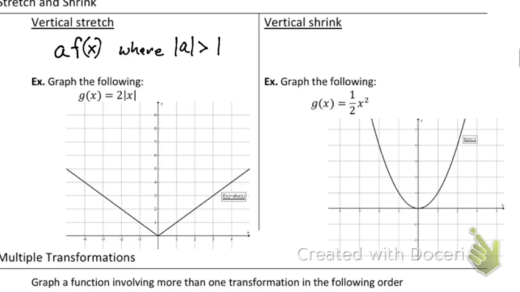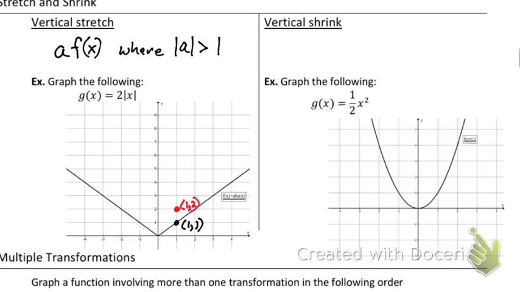So if we look at this point, which is 1, 1, a vertical stretch is going to multiply that by 2. Just the y value. So the stretched out point will be 1, 2.